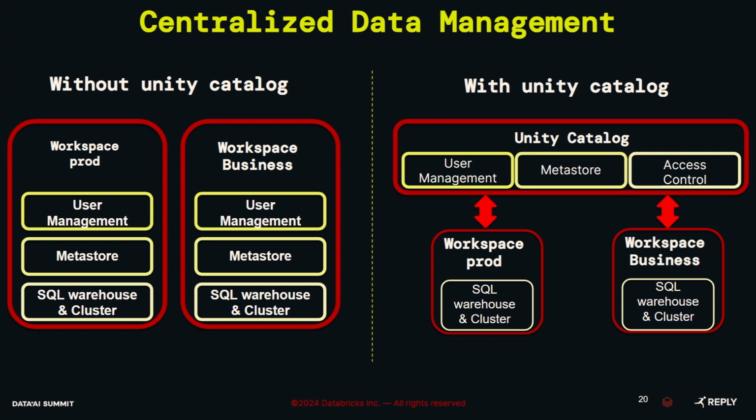Unity then introduced a single point of management for metadata, user management and access control, simplifying the access and the security, and also the resource management for data for the whole environment. So this was a fundamental change in the maintenance and management of the whole infrastructure, not only for CNH, but I think for all.